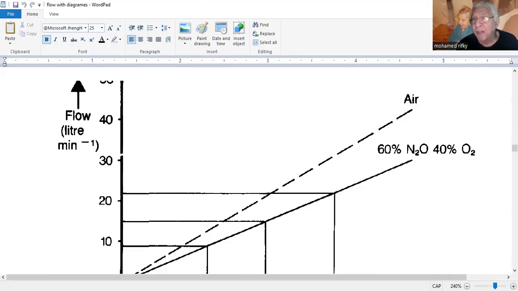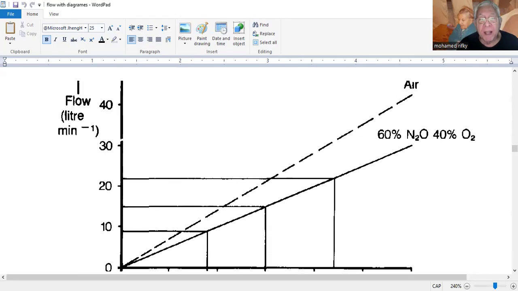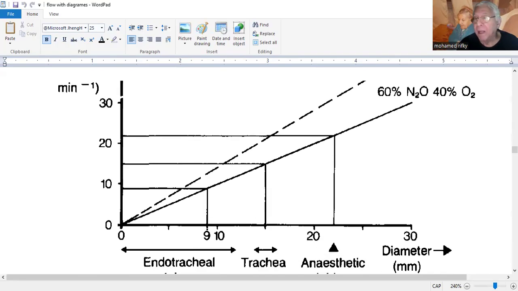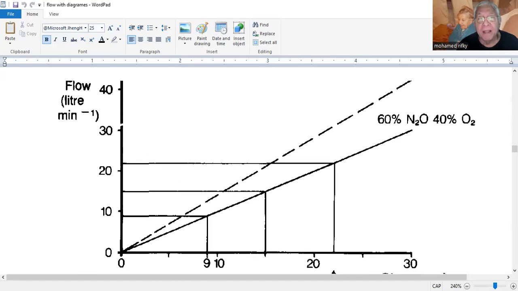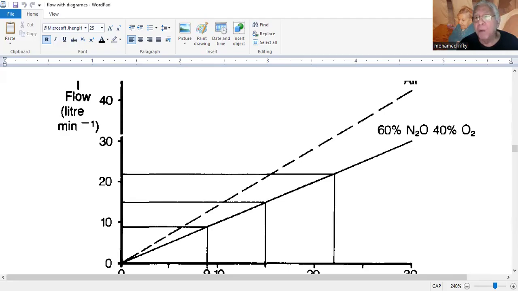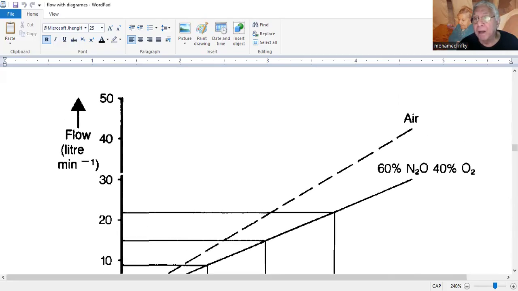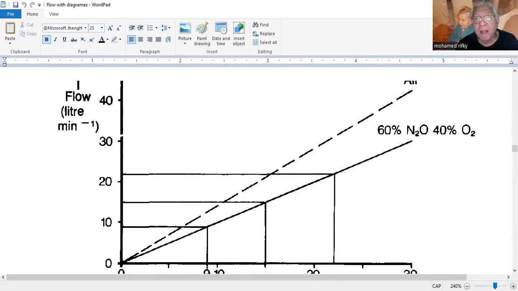This is the most important diagram to show the relation of the critical flow or the critical velocity. As we said before, the velocity is correlated to the flow. So this diagram shows the relation between the diameter and the critical flow. So when I compare air with nitrous oxide, 60%, and 40% oxygen, what is the difference between both of them regarding the flow?